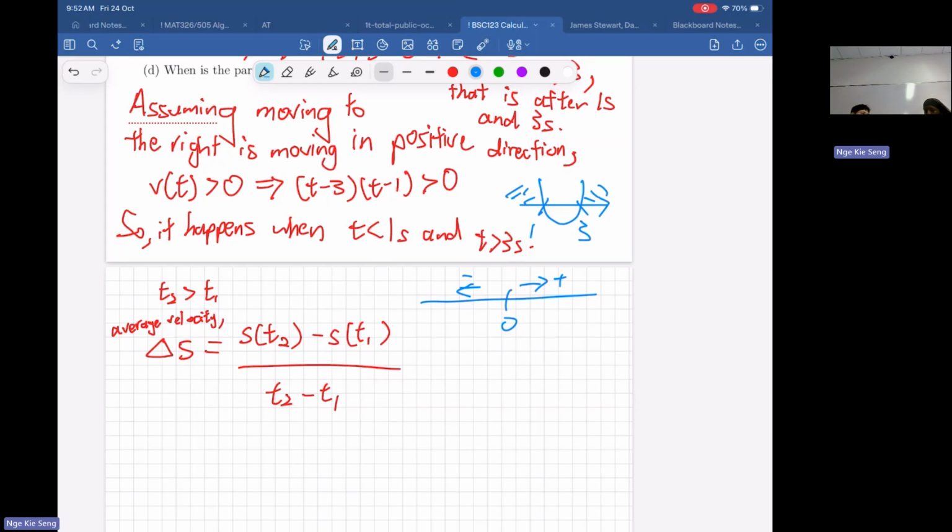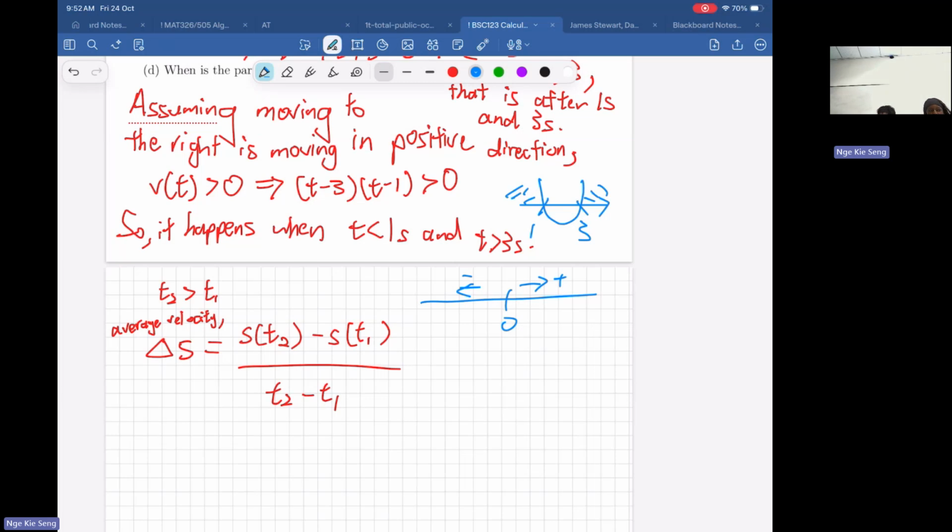If the change is negative, you move more to the left. So the sign of this velocity keeps track of whether you move to the right or left. Does it make sense? Yeah. Okay, good.